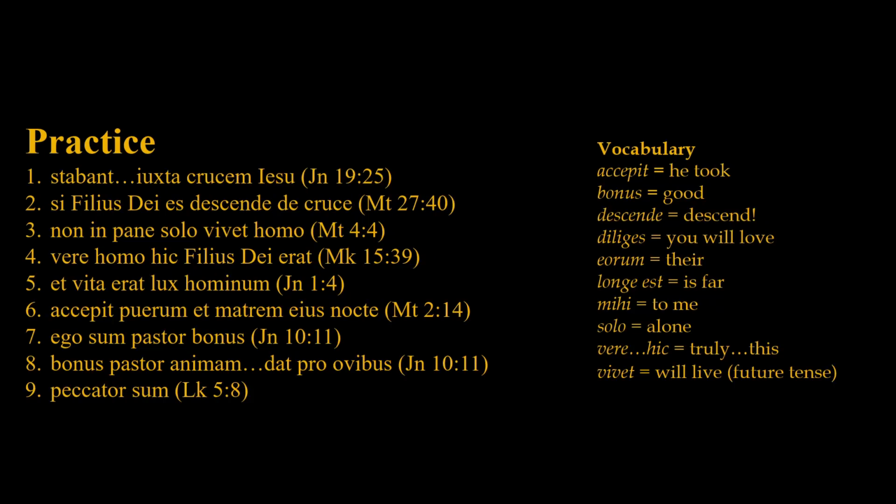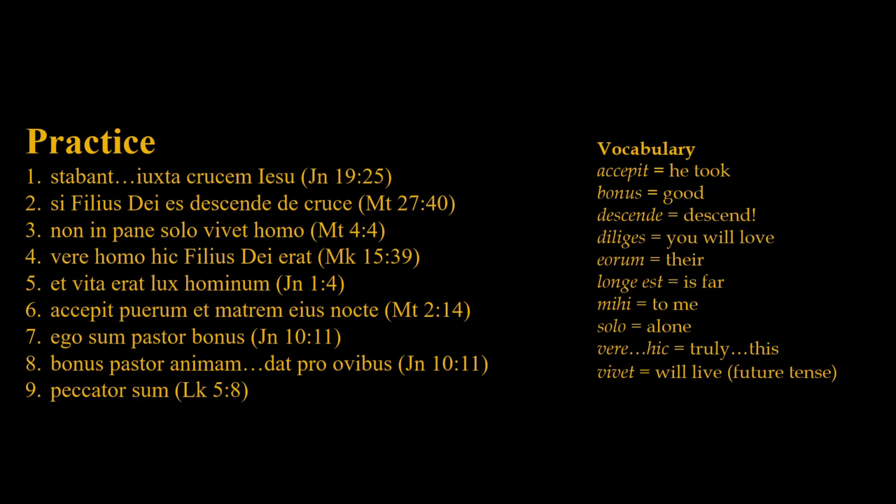If you are the Son of God, Dei, second declension, singular genitive case. If you are the Son of God. Descende, come down, de cruce, from the cross. So crucem in number 1, accusative, cruce, number 2, ablative.